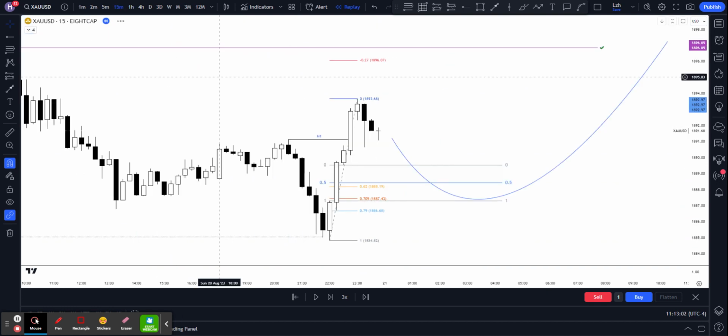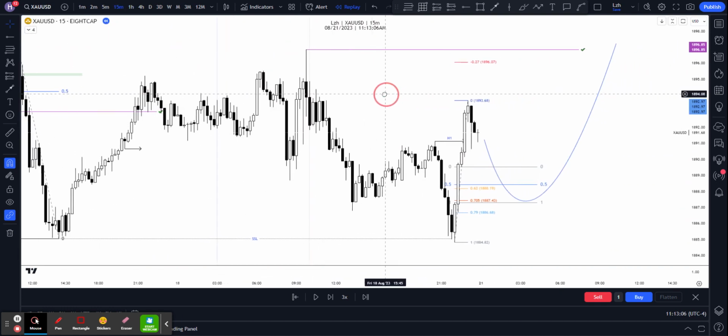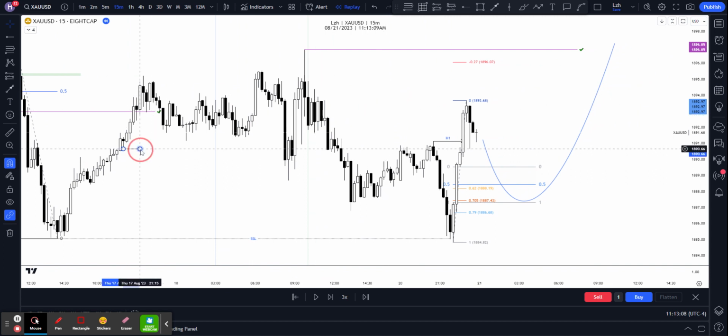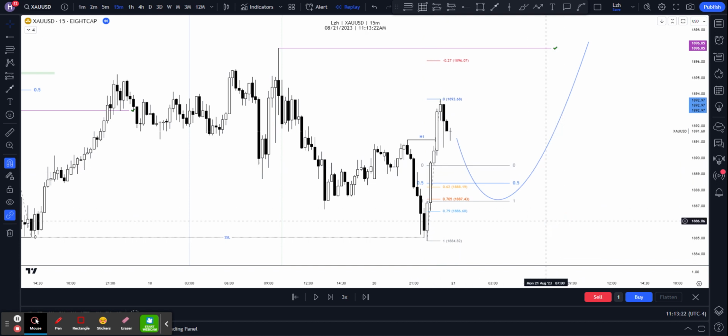So we can zoom down to M15, and we're gonna wait for what we can see in this demand zone. There is a lot of confluence over here, one of them being the M15 imbalance, which is the FVG, or you can look at the OTE model, which is the 0.62, 0.705, and 0.79 fib.